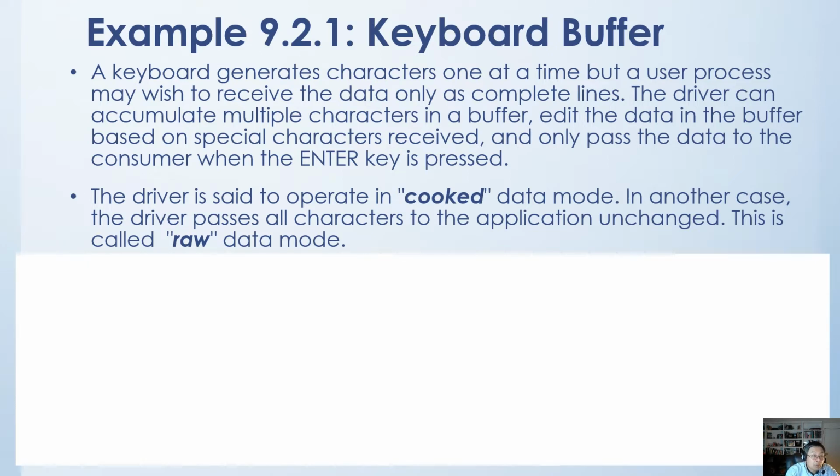But typically a user process may wish to receive the data only as complete lines. They don't want to receive one character and then another character. So in that case, the keyboard driver can accumulate multiple characters in the buffer, and then edit the data in the buffer based on special characters received.